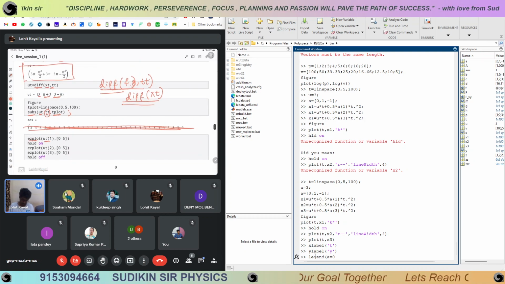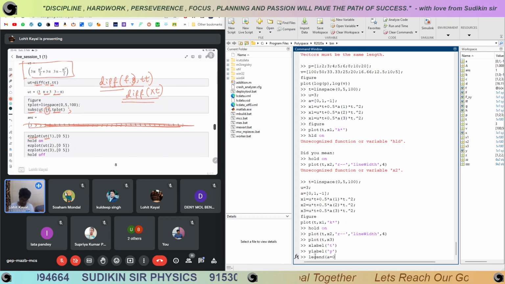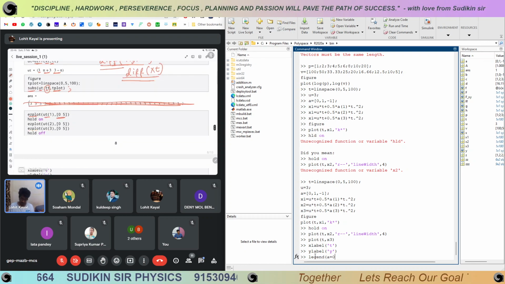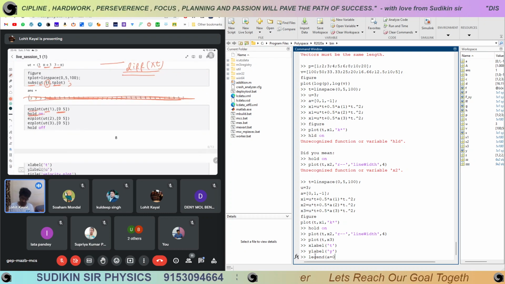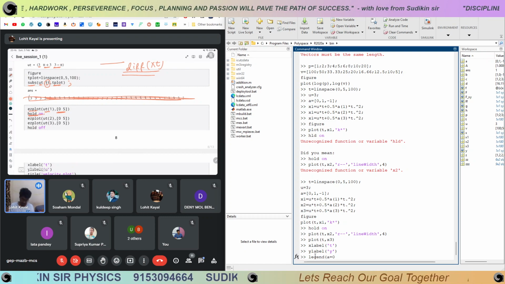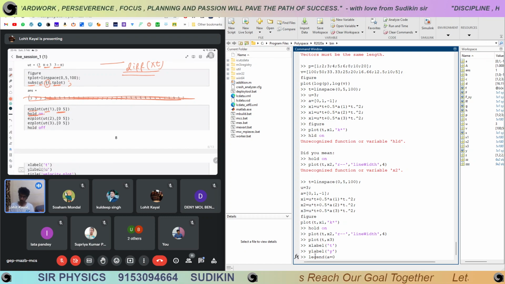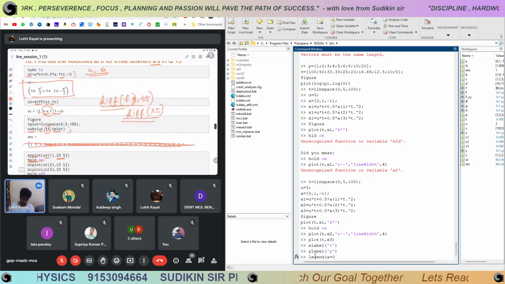ut1 means my first thing, corresponding to this ut1, and the limit is 0 to 5. Hold on means I want to do the plot on the same figure. ezplot ut2 0 and 5. ut2 is this one, tt plus 3.